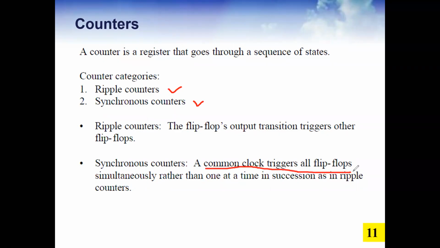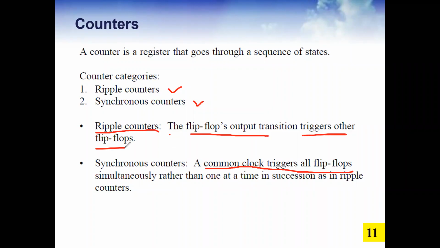When I say ripple counters, another name is asynchronous counter. It is not going to have a common clock, but the output of one flip flop is basically used to trigger another flip flop.